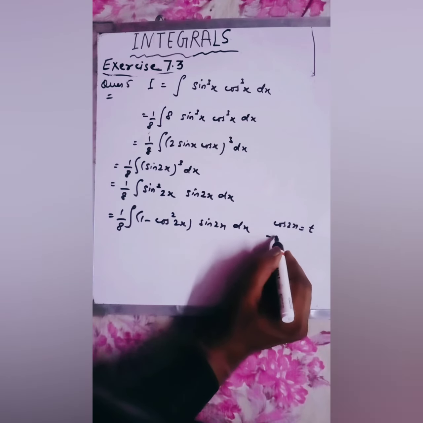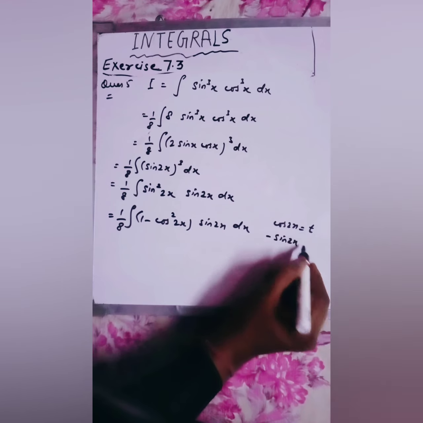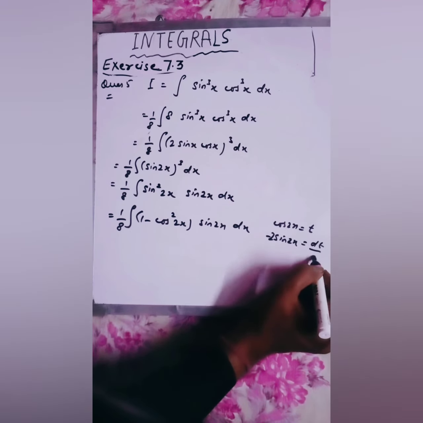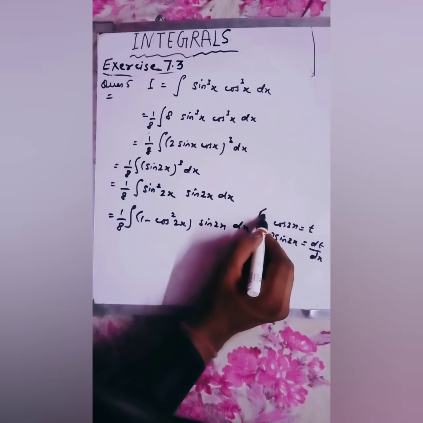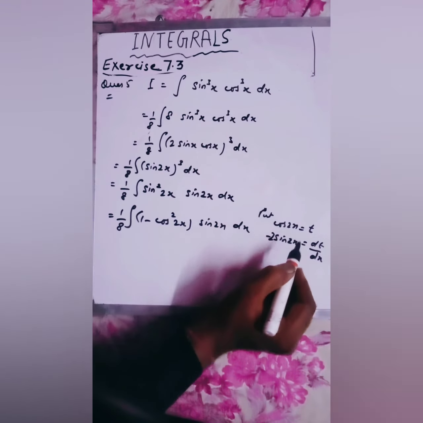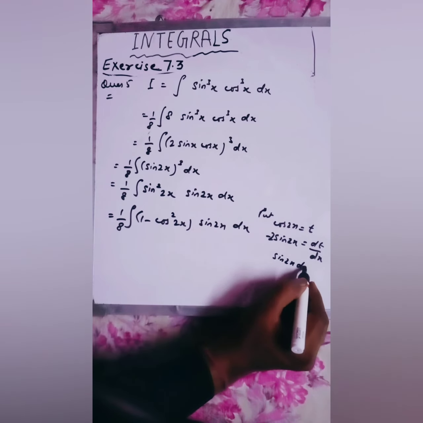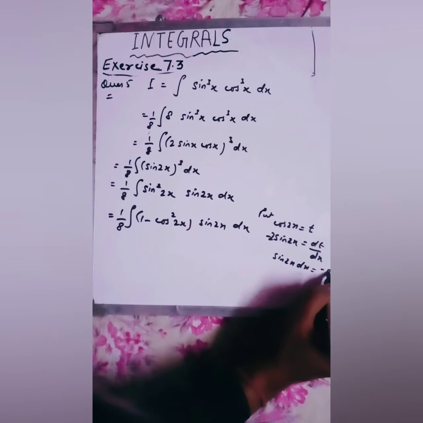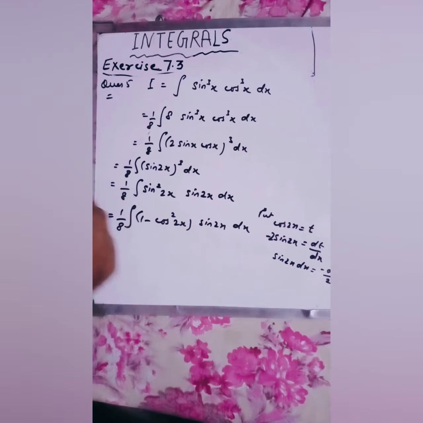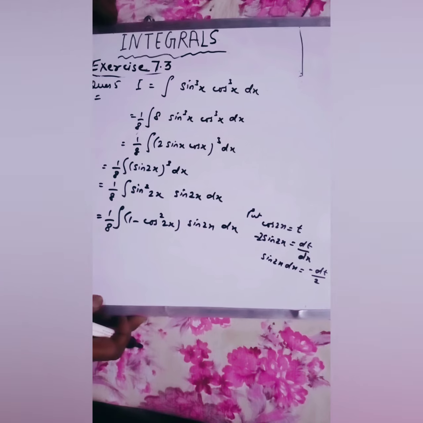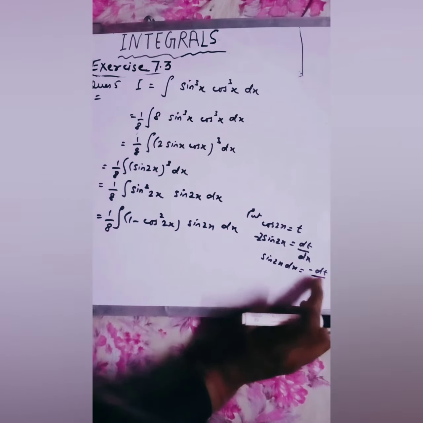Differentiating both sides, you will get minus sine 2x into 2 equals dt by dx. So sine 2x into dx equals minus dt by 2.